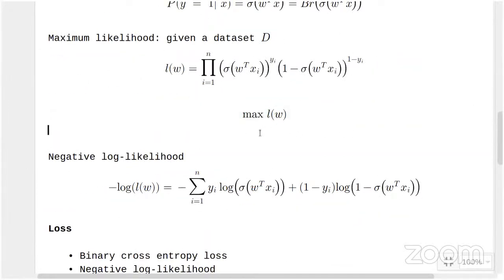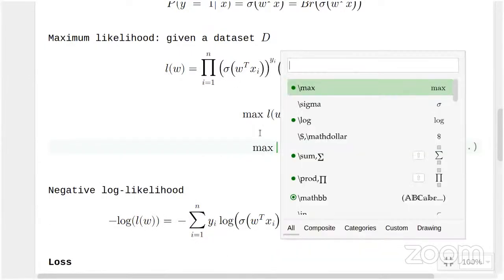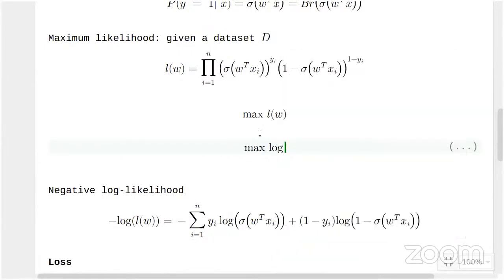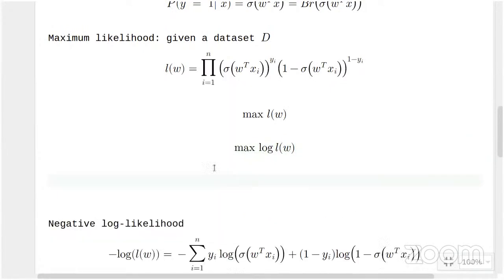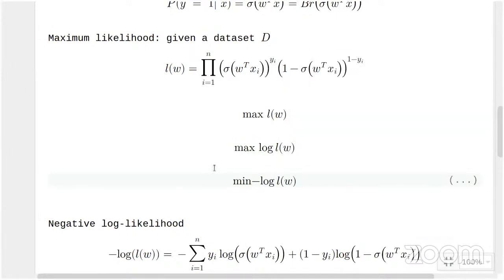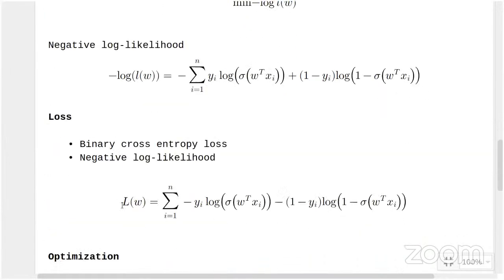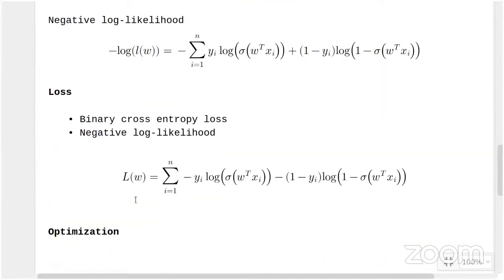See, you want to maximize L of W. That's the same as maximizing log of L of W, which is the same as minimizing minus log L of W. If you want to maximize the function, you minimize the negative of it. This is also called binary cross entropy.